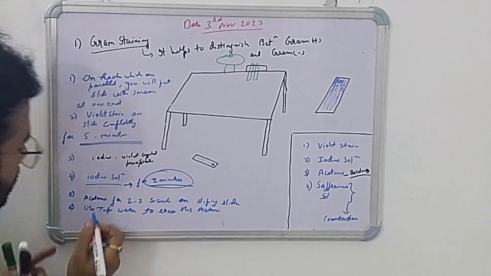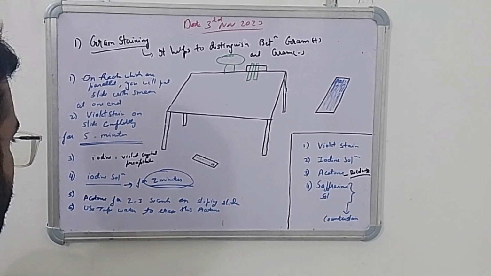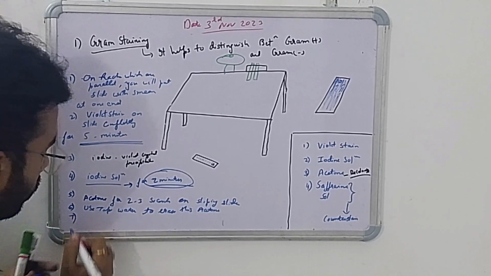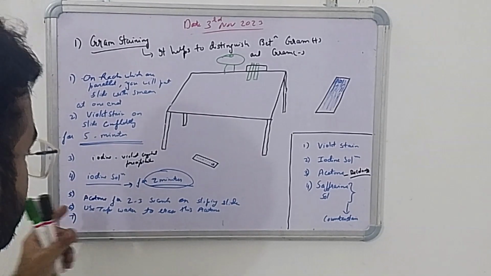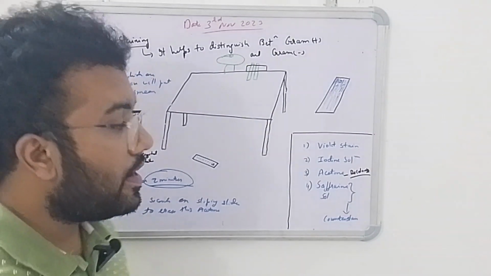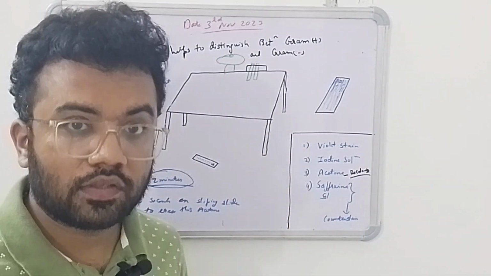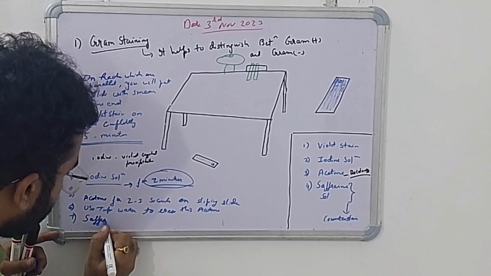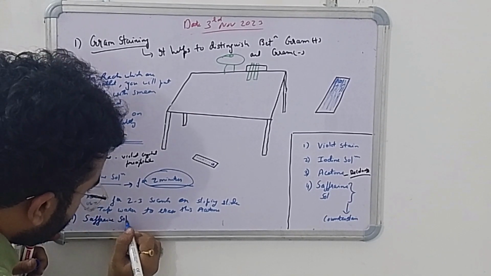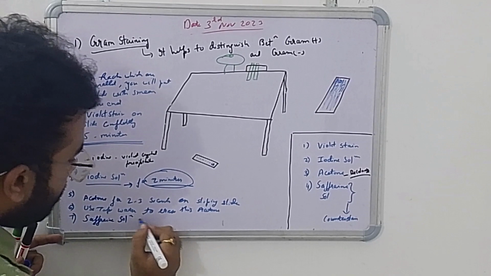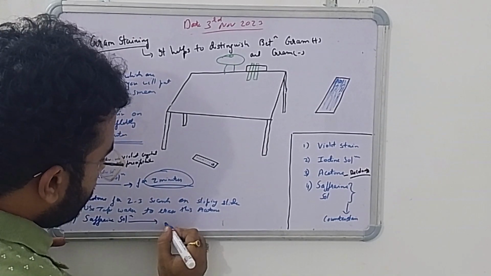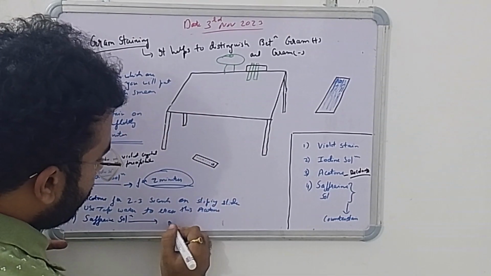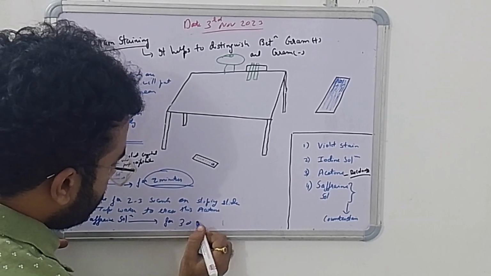Now what you will do, after the tap water, you will add the counterstain, safranin solution. So the safranin solution will be used, and you put the slide horizontally on the rack for 30 seconds.